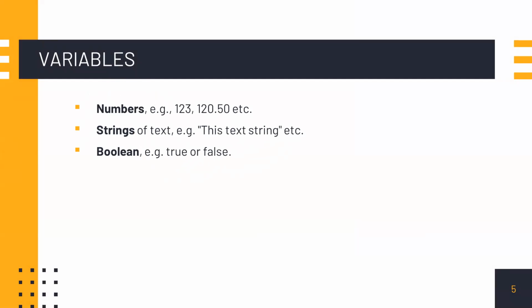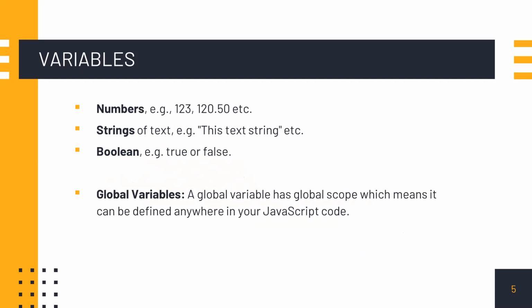There is another variable type called boolean. Boolean is basically used to return data in terms of true or false, whether our condition is true or false, so we call it boolean. Okay, and there are two types of variable. First one is the global variable. A global variable has a global scope, which means it can be defined anywhere in your JavaScript code.